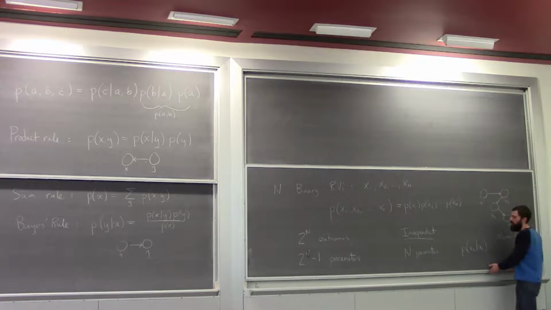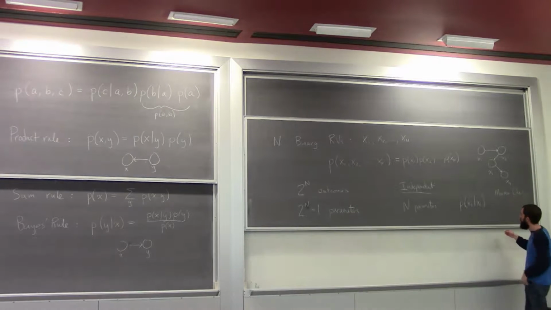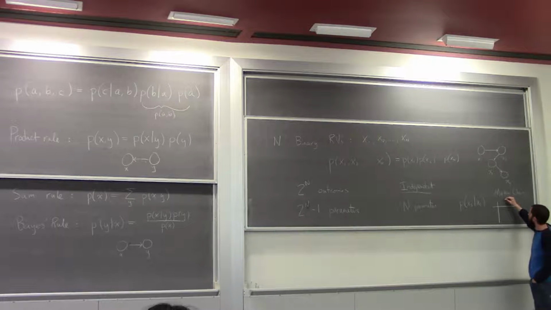Let me write that out more carefully, because this is the critical point. This can be written as a table where I tell you x2 and the probability of x3 given x2.